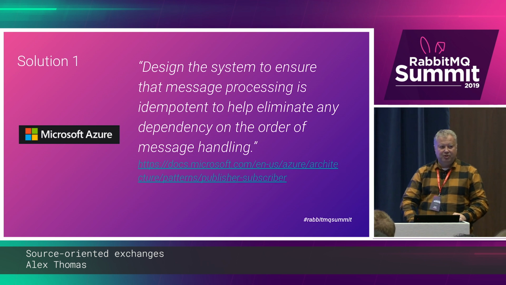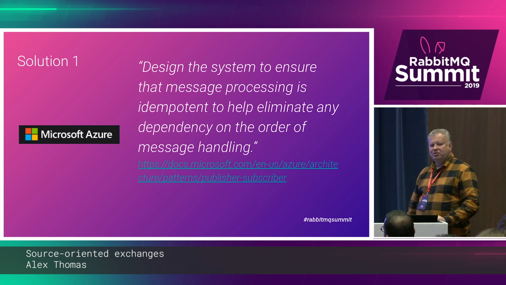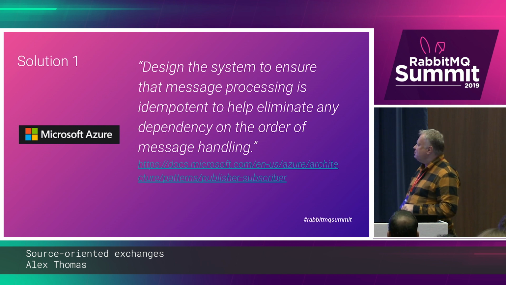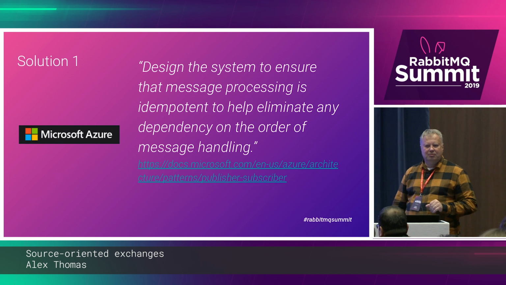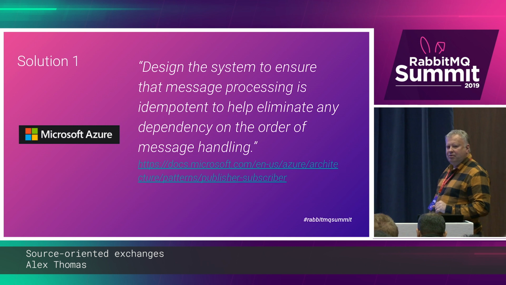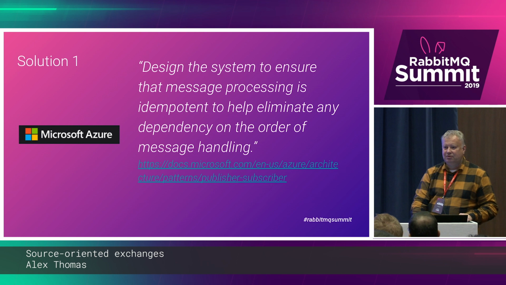So, some proposed solutions to this sort of structure. On your consumer side, make your processors tolerant of duplicate messages, make them able to receive the same message twice, Microsoft suggests. Any thoughts on that suggestion? Would that help? Is that going to keep my messages in order?